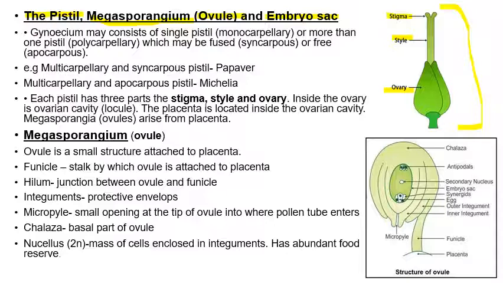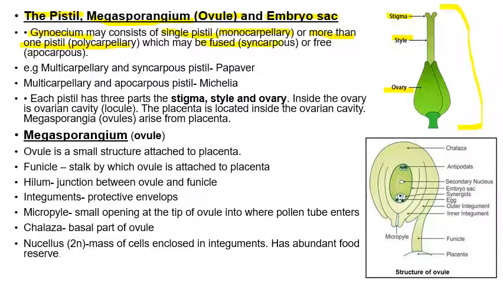Pistil is also called gynoecium. Gynoecium consists of a single pistil or may have more than one pistil. When there is only one pistil, that kind of gynoecium is called monocarpellary. When they have more than one pistil, it is called polycarpellary. These pistils may be fused or may not be.